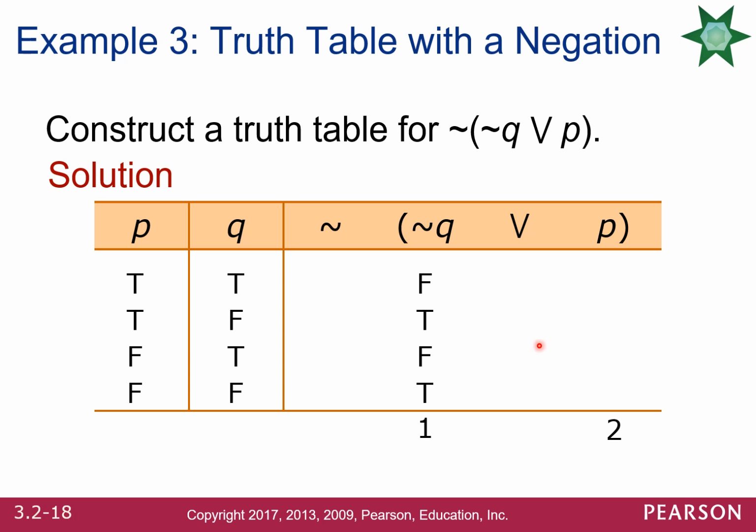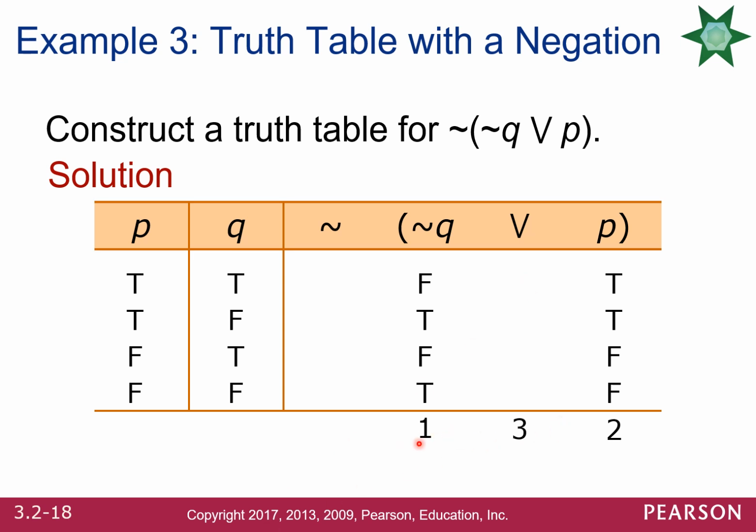So you should see a T, T, F, F come up. So let's see that: T, T, F, and F. And then we will have to work on the OR, the disjunction. So F, T should be a T.